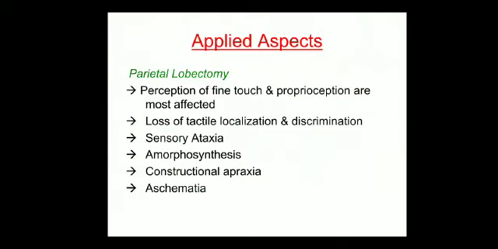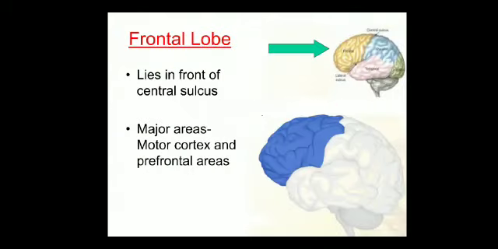So next we'll see the frontal lobe. The frontal lobe we already learnt during the descending tracts. It is mainly responsible for the motor function, and it lies in front of the central sulcus. The major areas present here are the motor cortex and the premotor cortex, and also the prefrontal cortex.